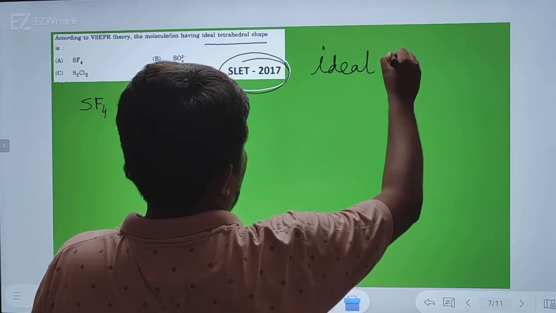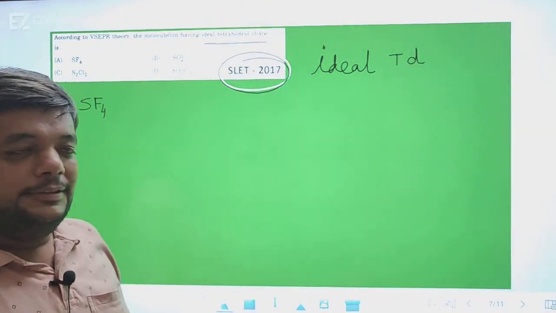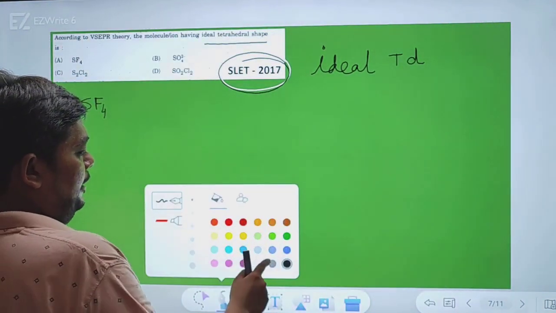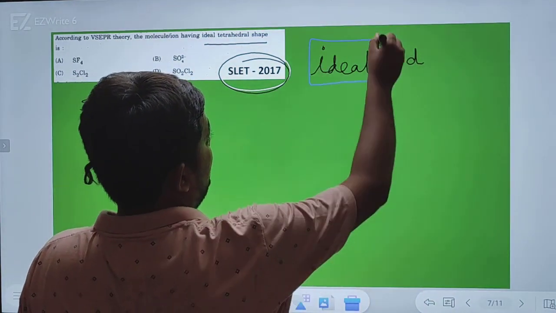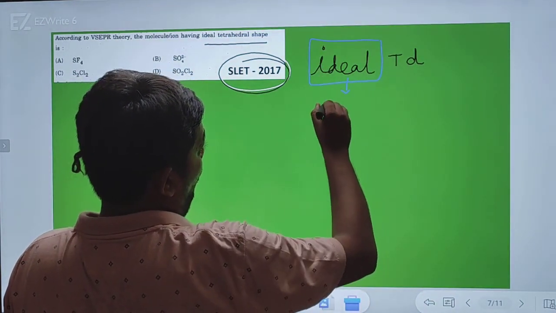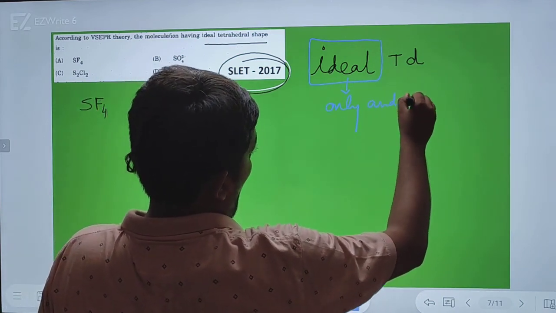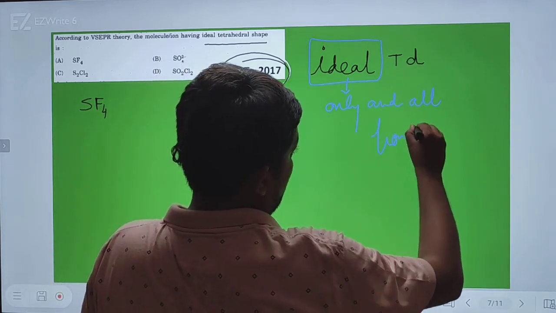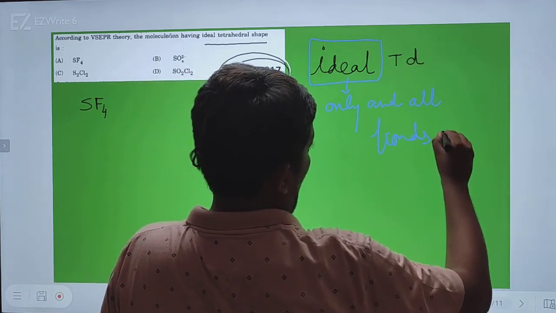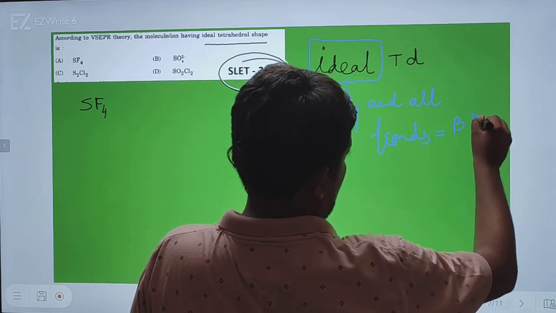Ideal tetrahedral, which we call ideal in Hindi, is something that can only be considered when all bonds are bonding pair of electrons.